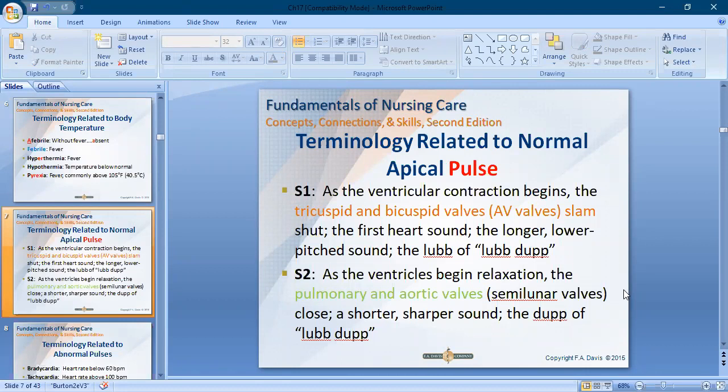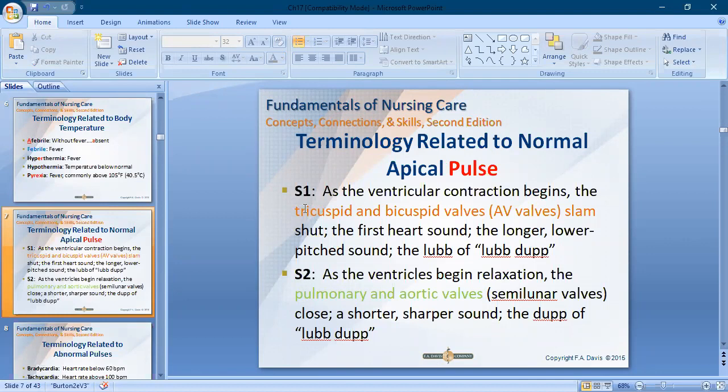So these two points we have to know for the exam. I said, don't miss it. S1 tri and bi, S2 pulmonary and aortic. Frequently asked, so you should try to hook it up inside your brain.